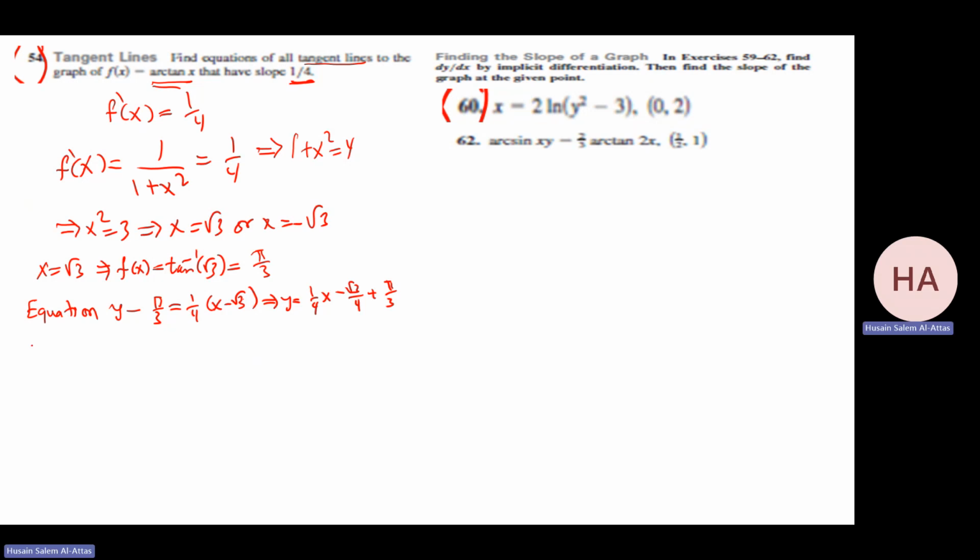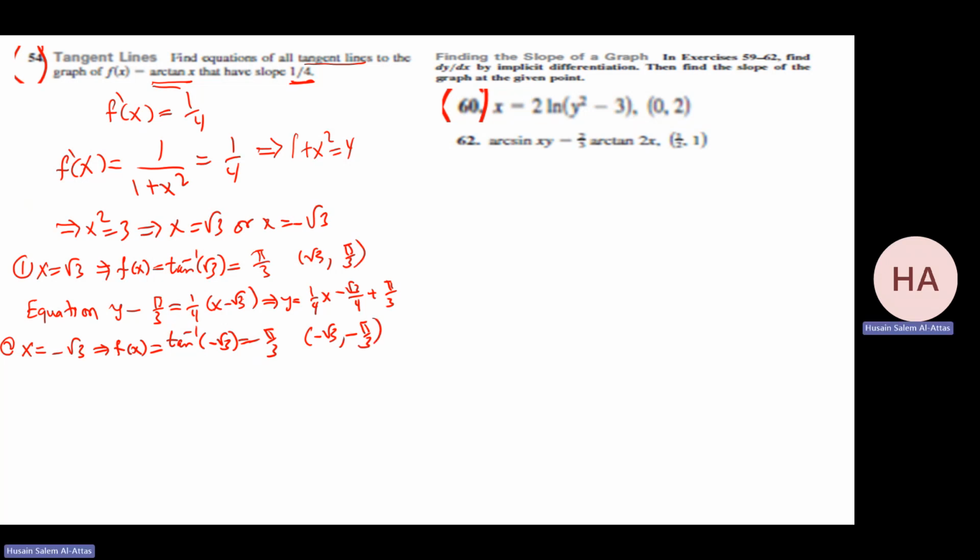Okay, second one, this is 1, this is 2. x equals minus square root of 3. So f of x will be tan inverse of minus square root of 3, which is minus pi over 3. So the point is minus square root of 3, minus pi over 3.